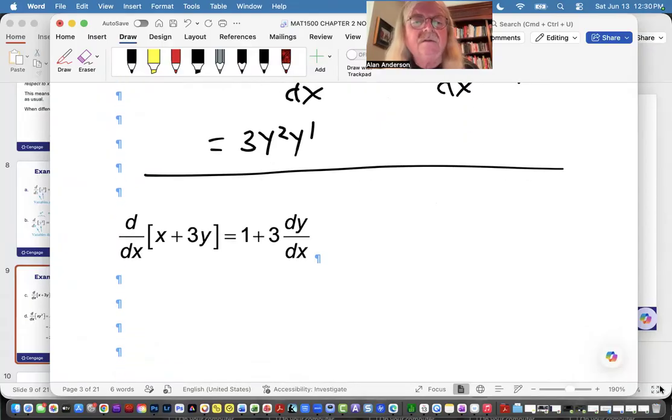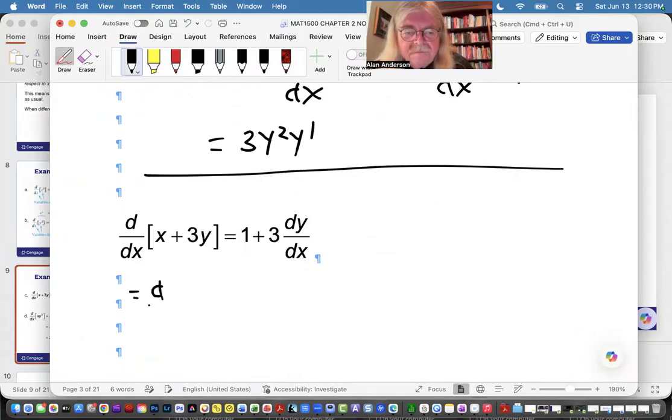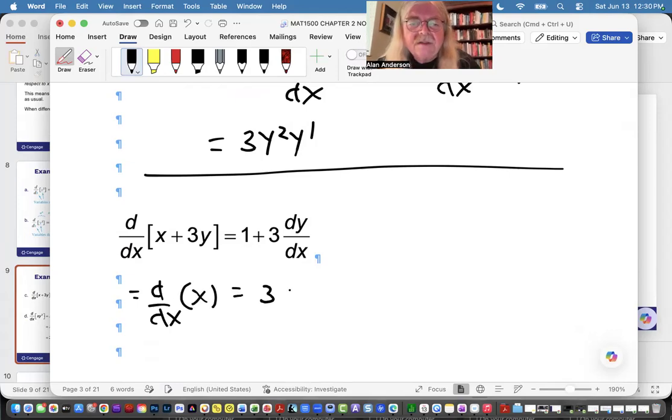All right. So now, of course, all the rules that we know still apply here. What will be different is the results of differentiating the y terms with respect to x. That's where we have to use the chain rule or the general power rule. Okay. So now here we've got a sum of two terms. We can break it up into a sum of derivatives.